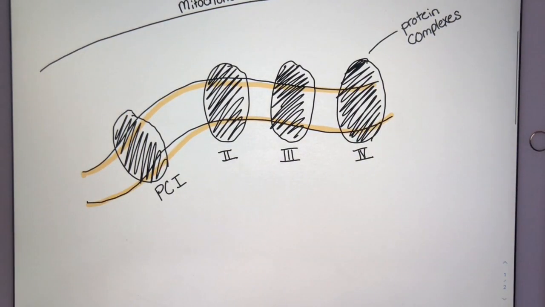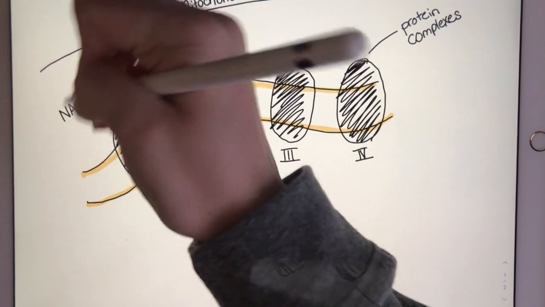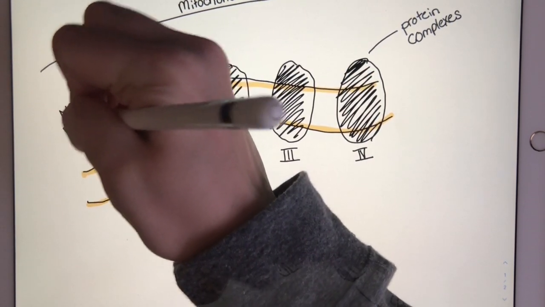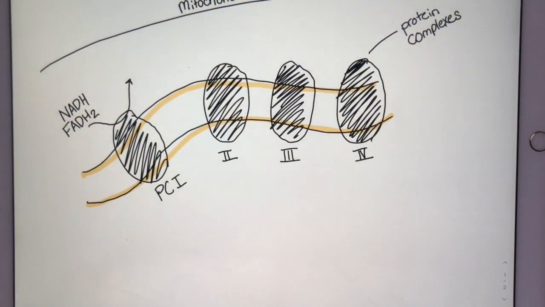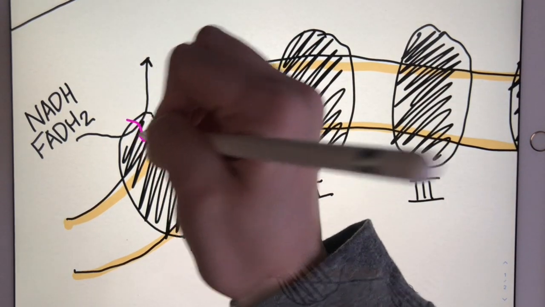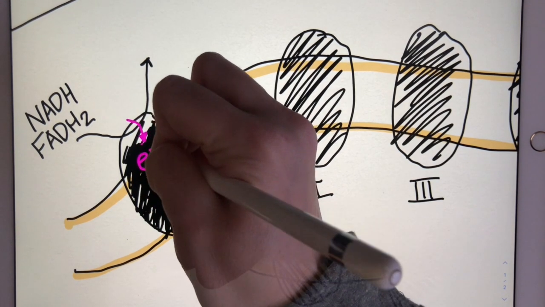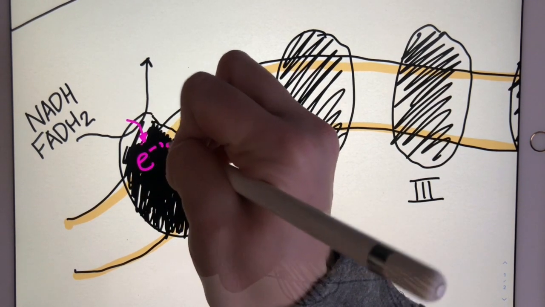We need the electron carriers NADH and FADH2, which pulled electrons and hydrogens from the citric acid cycle. Both of those, so NADH and FADH2, are going to stop by, and what's going to happen here, NADH and FADH2 lose their electrons at this first protein complex.